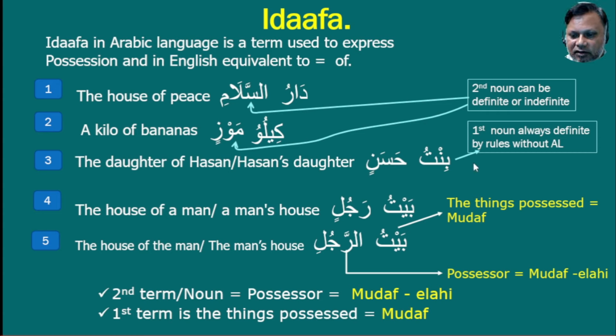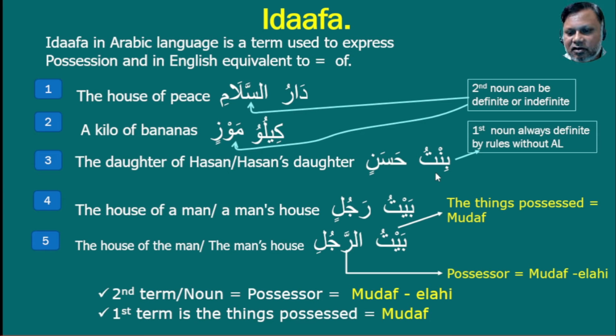So this house baitu is a specific house, which means it is a definite word. Though there is no al to indicate the definiteness of this word, it is a definite word. It is the rule of Idaafa. Not only the rule, it is common sense that this baitu is not all the baitu.